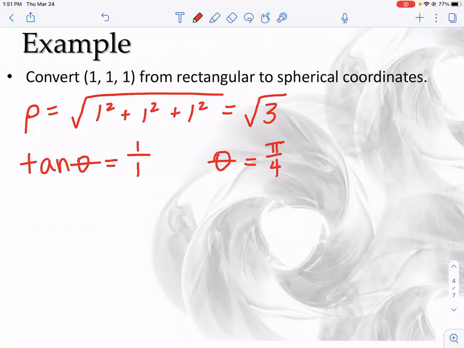Okay, and then phi. Phi is the inverse cosine of z over rho. Did you notice that? How it's just z over rho? Okay.